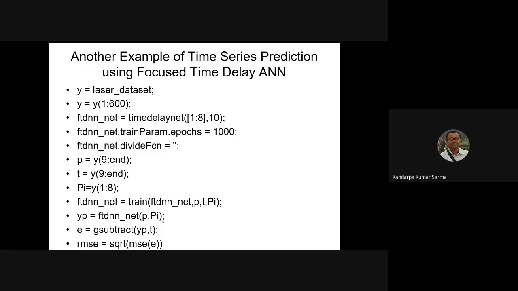So we now train the network, and once we have the network, we use the knowledge of dealing with the 600 time series data to generate the next 100 numbers of time series data. So here is how the program can be written.